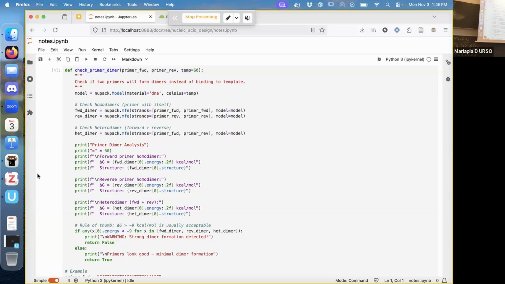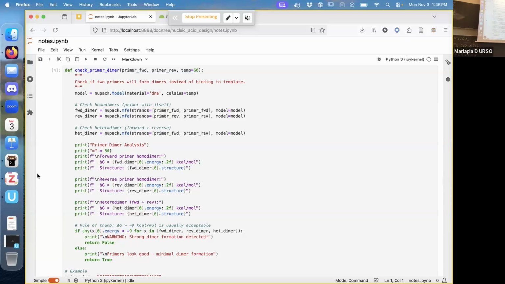One is what's called the forward primer, and the other is the reverse primer, the one that goes in this direction and the other one that goes in that direction. Some of the things that you might want to check is if you're putting twice the same primer, like two copies of your primer, do they stick together or not? And it might be, right?